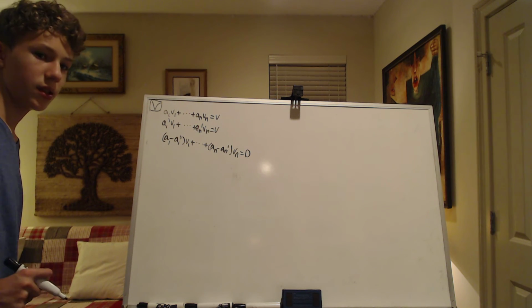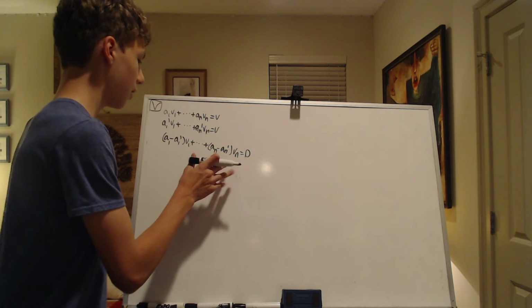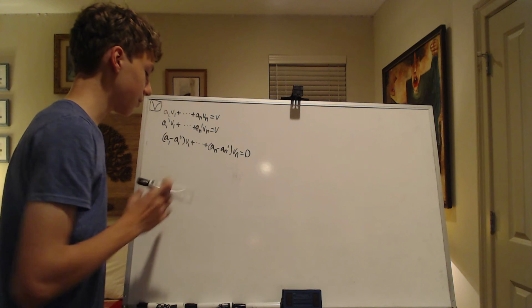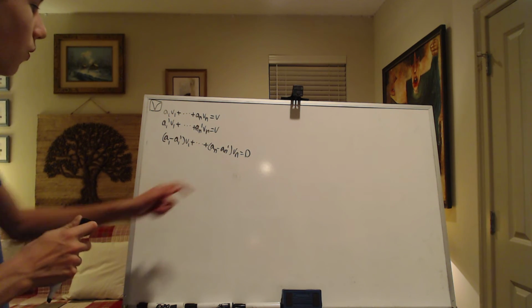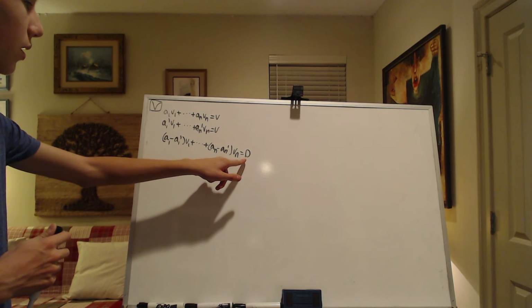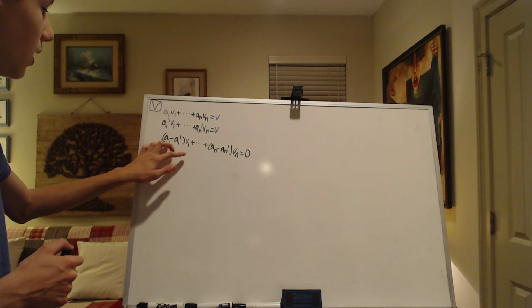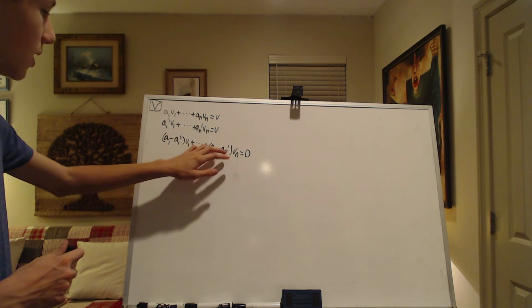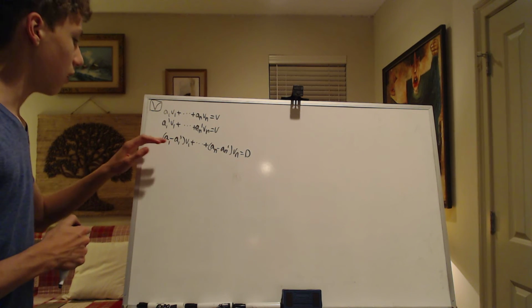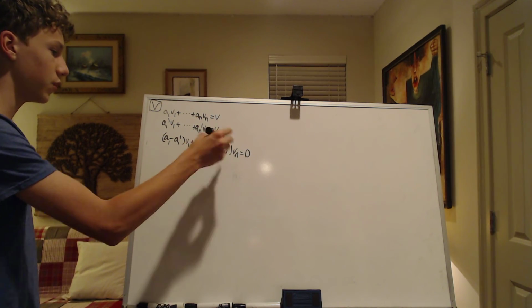Now we're interested in sets of vectors such that the only way this can equal 0 is if a1 minus a1 prime, etc., all down the line, are equal to 0. That is the trivial solution.